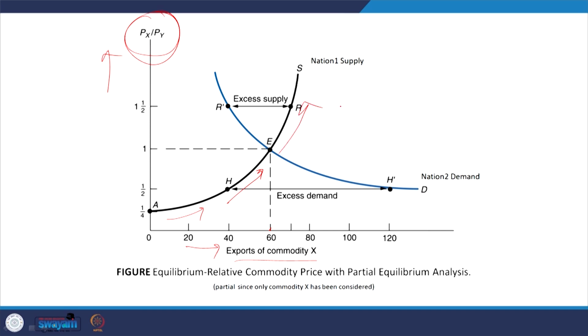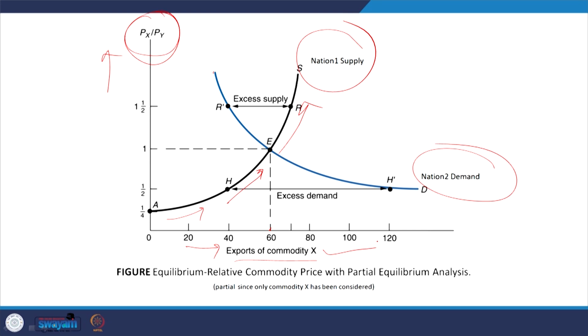So, this is nation 1's relative supply curve, whereas nation 2 is just the reverse, the demand curve. When the relative price of X increases, demand declines. The higher the relative price, the lower the demand for nation 2, let it be the net demander of commodity X.